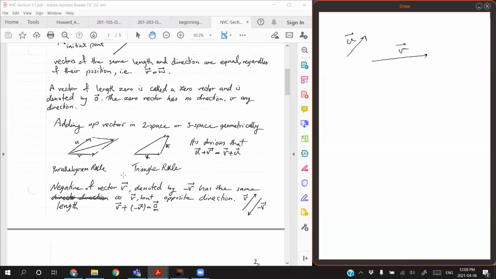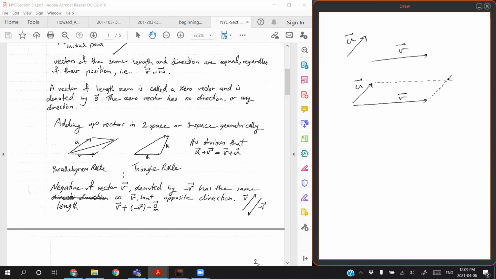With the parallelogram rule, you bring these two to the same point so that they share an initial point like this. Then from the end of u, you draw a line parallel to v, and from the end of v, you draw a line parallel to u. These two lines are going to meet at a certain point.